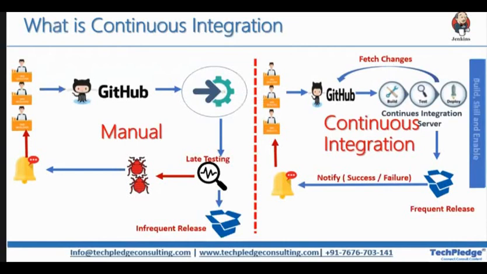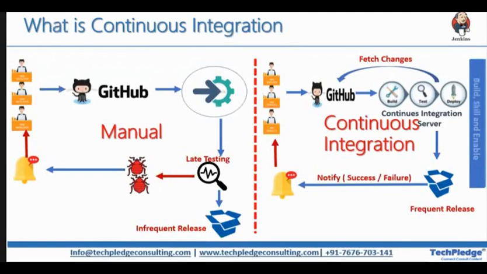So here they don't have to wait for all the code to be committed and then tested, built and processed. In this scenario, every code that is committed is tested immediately and notified. So this makes the entire process very simple and quick. So now I hope you understand what is continuous integration and how it makes life easier in the software development lifecycle, right?